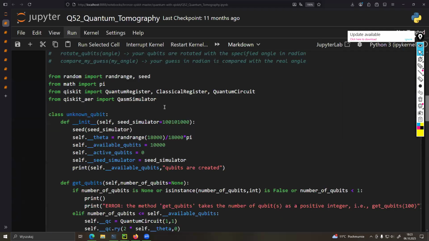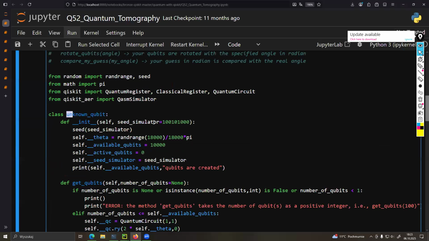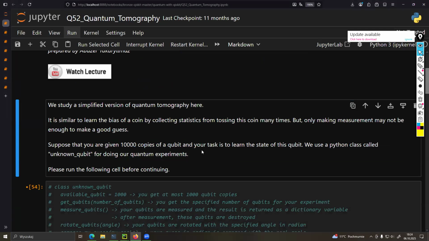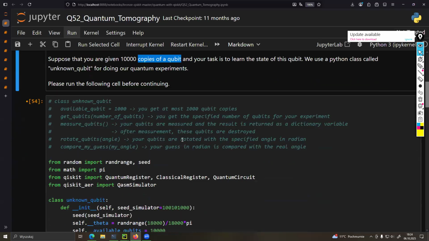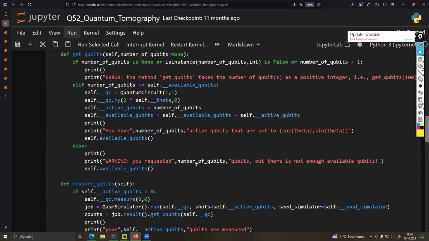Okay, so in Q52, we have a class which is called unknown qubit. This class has some slightly unfortunate naming. They actually clarified that yes, it is about the shots, but they use the formulation of copies of a qubit. This could be slightly misleading, but they actually mean in this notebook the amount of shots.